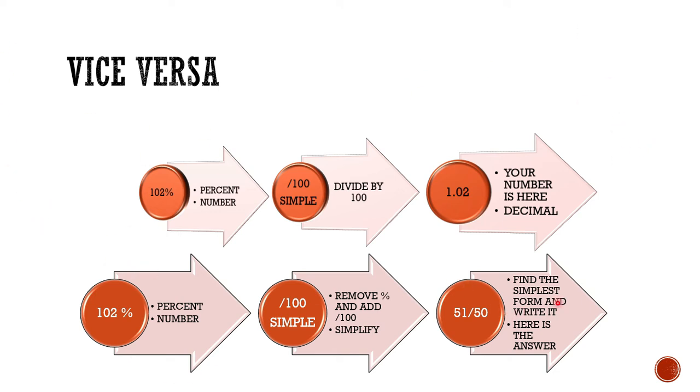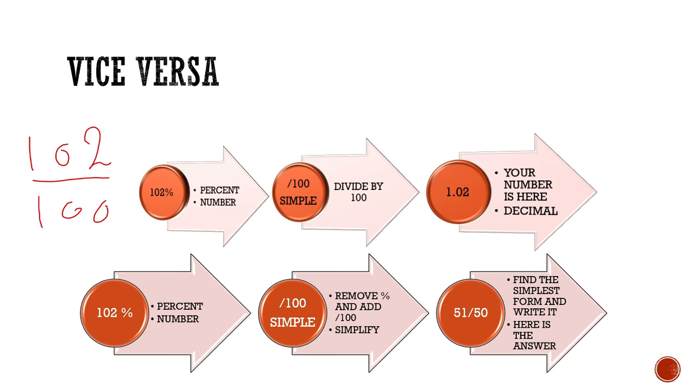Now, how to convert a percentage into a fraction? Remove the percent sign and then add over 100. So I remove this percent sign and add this number. So it will be 102 over 100.